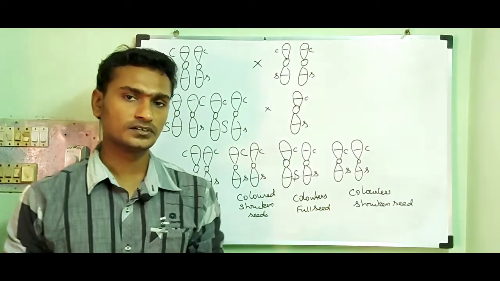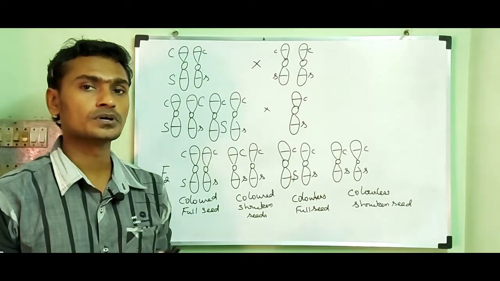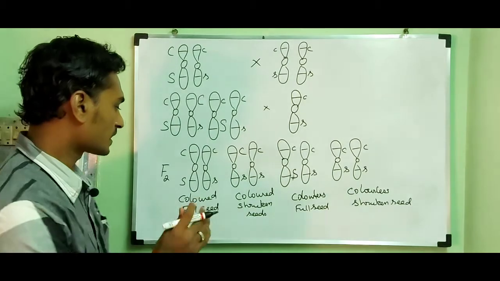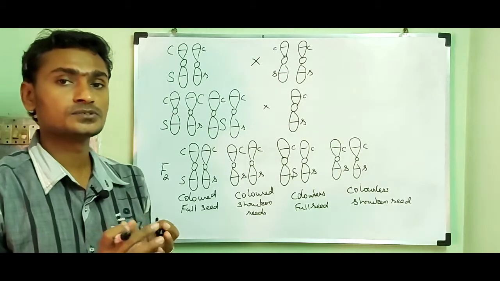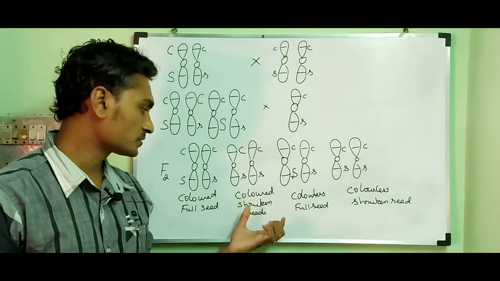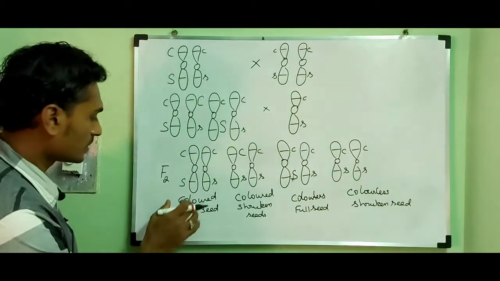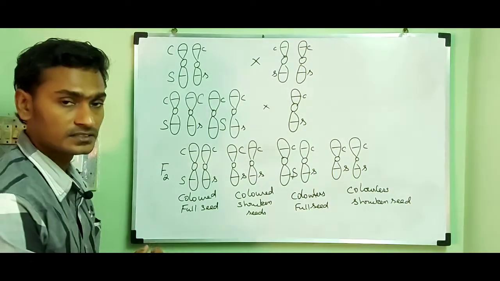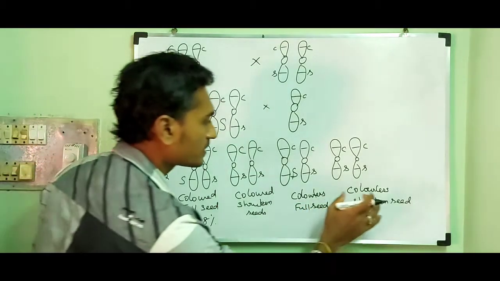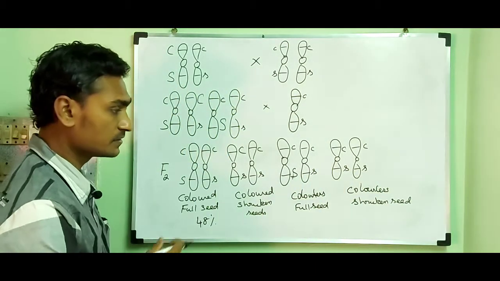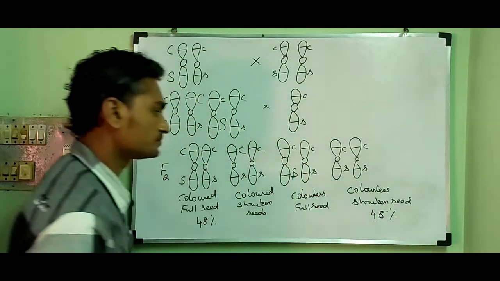The occurrence of parental combinations is more when compared to new combinations. That means the colored full seed and colorless shrunken seed ratios are more when compared to colored shrunken seed and colorless full seed. For the colored full seed, the ratio is about 48%, while in the case of colorless shrunken seed it also has a ratio of 48%.